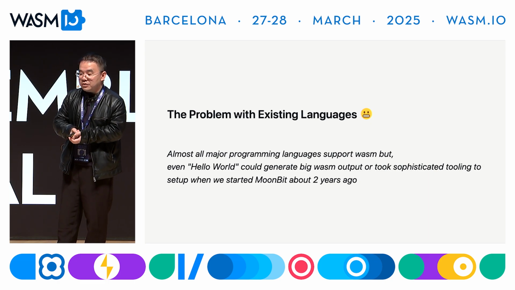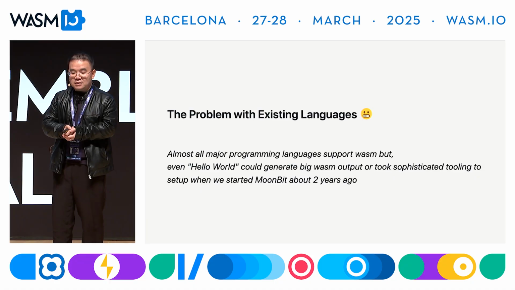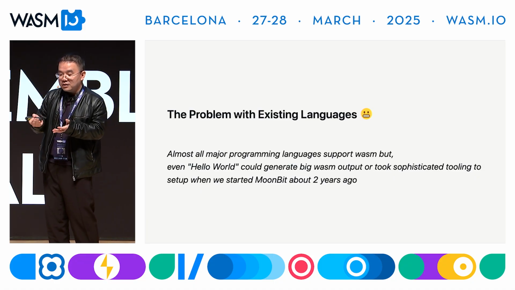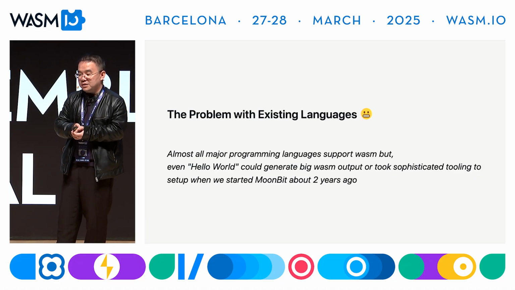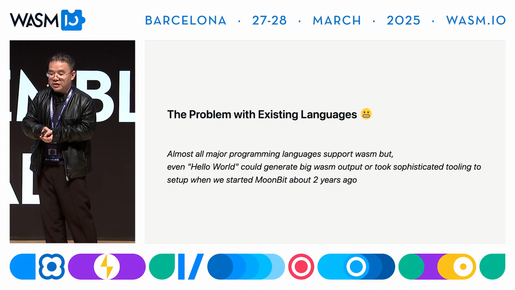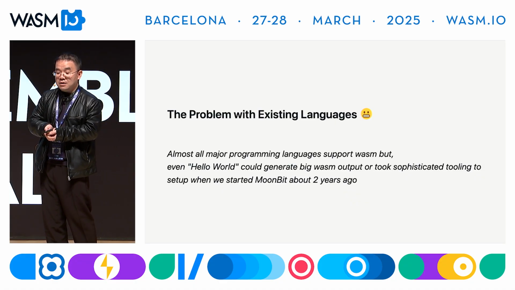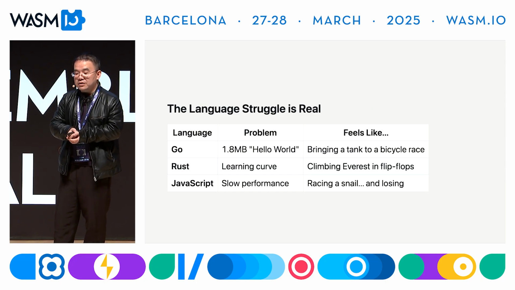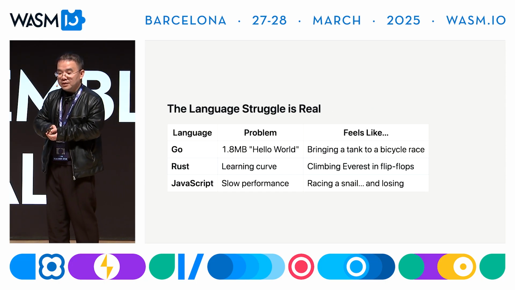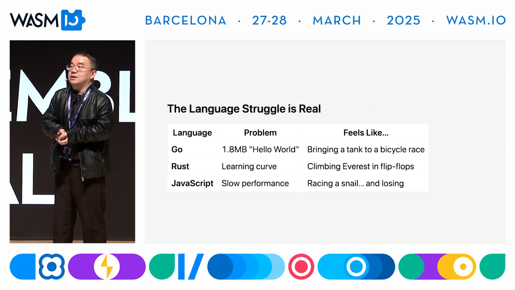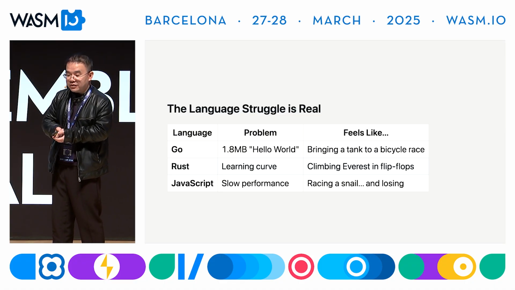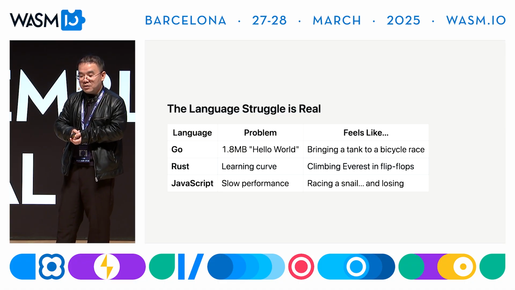All major programming languages support WebAssembly, but even a Hello World could generate a very big WebAssembly output and took very sophisticated tooling to set up. I think it's still mostly the case if you take a mainstream language like Golang. Even for Hello World, it generated 1.8 megabytes when I did the experiment.